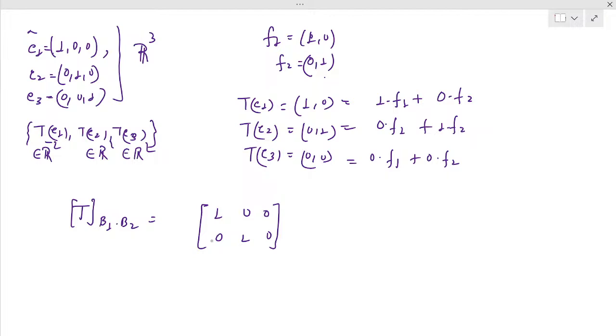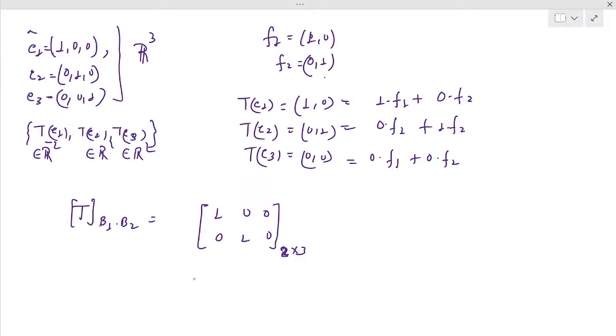Is that clear? Not clear? Please let me know. So this is clear here, a two cross three matrix, right?